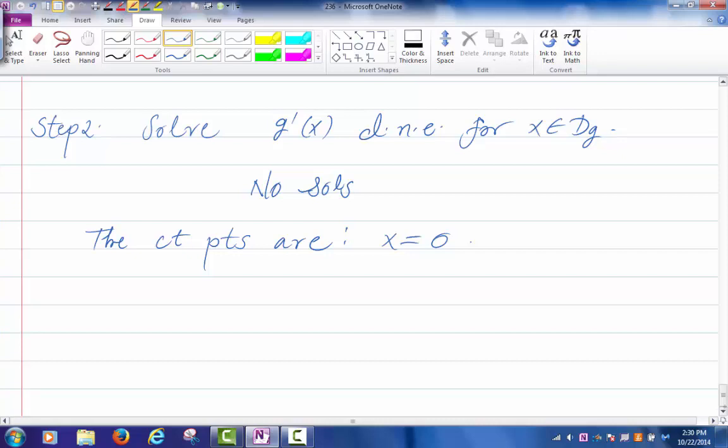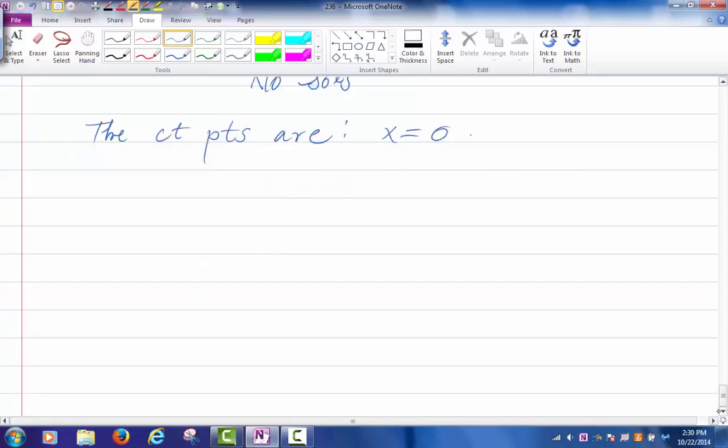Now, I want to do a little bit more difficult question. So far in both problems that I did, when we tried to find where the derivative doesn't exist, we didn't get any solutions, right? So let's do a problem where that's not going to happen.